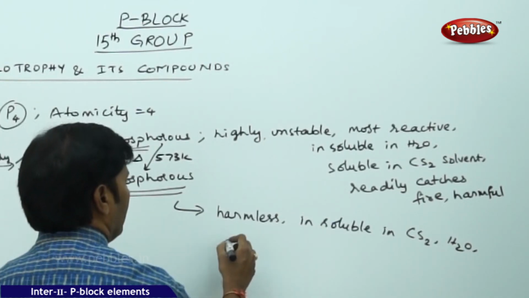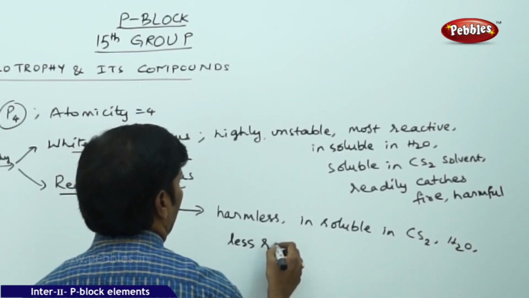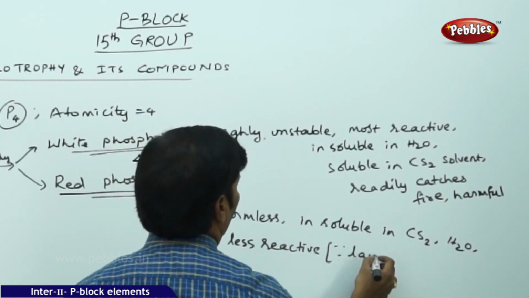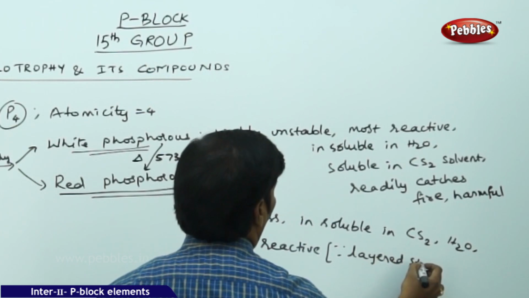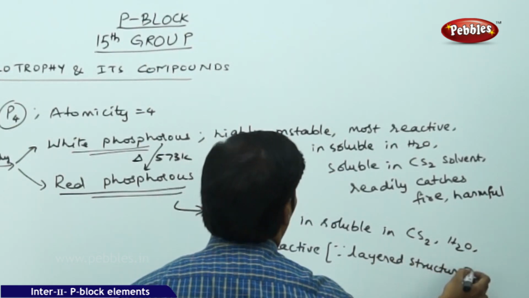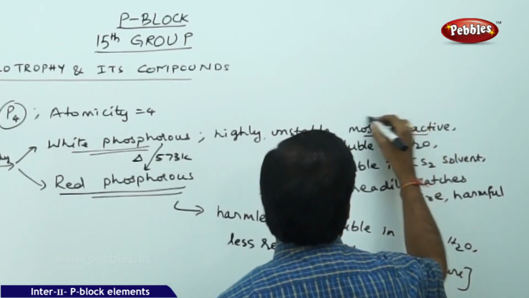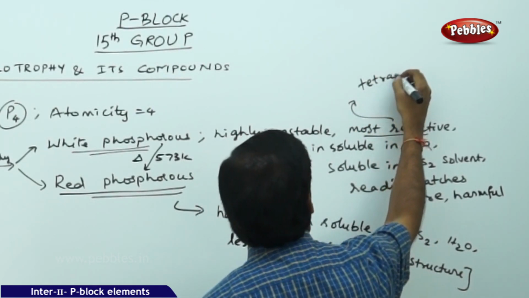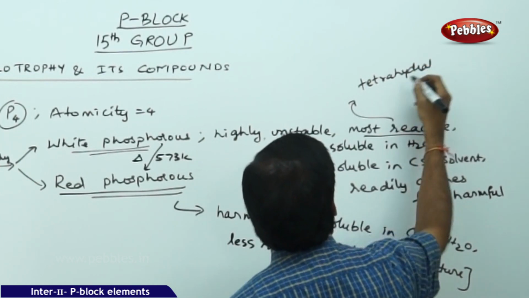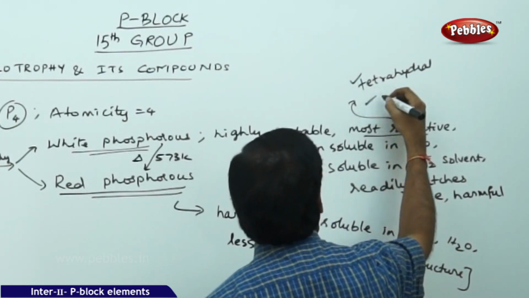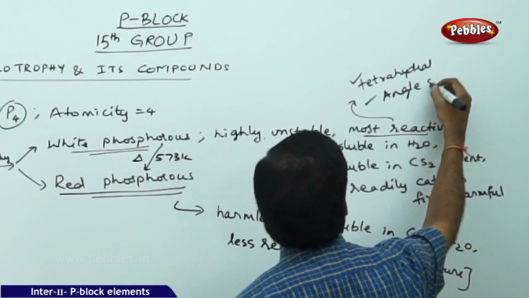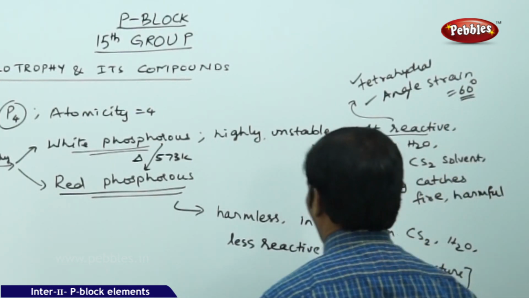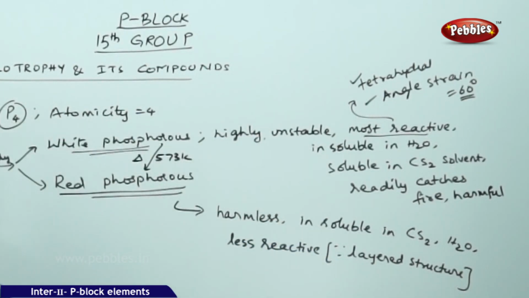It is less reactive because of its layered structure. And here you can add one more: white phosphorus is most reactive because of the tetrahedral geometry and also angle strain, which is equal to 60 degrees. So all these points can be compared and contrasted.